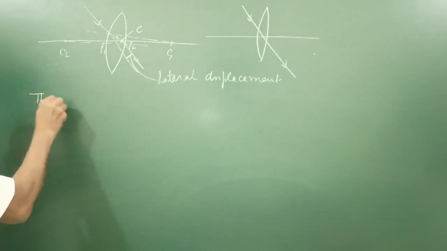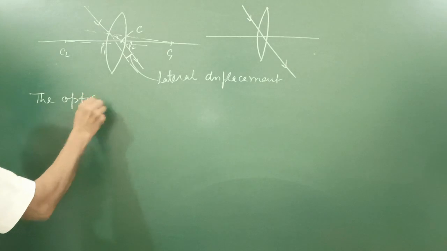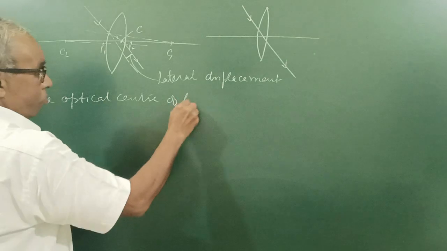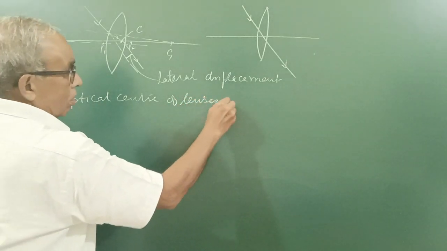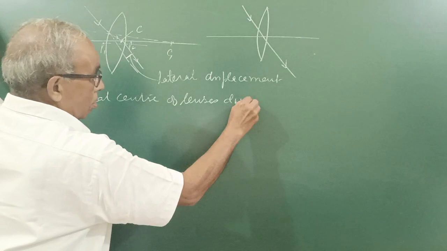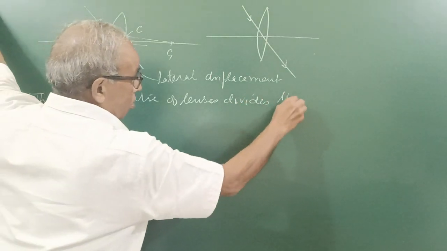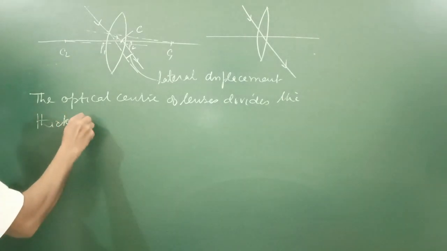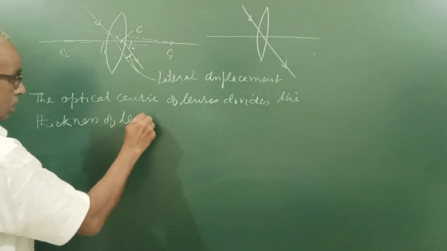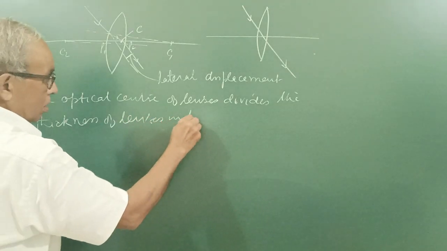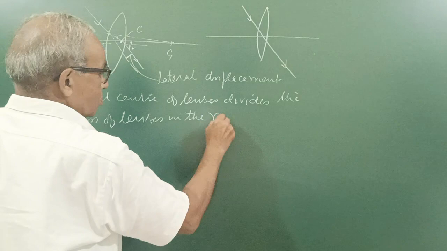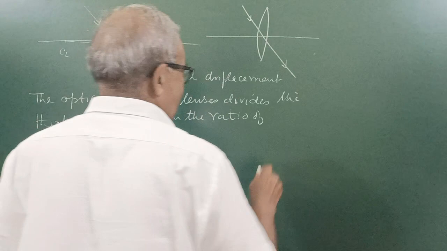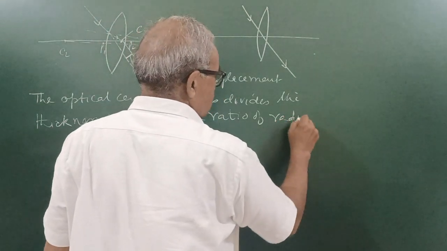The optical center of lens divides the thickness of lens in the ratio of radii of curvature.